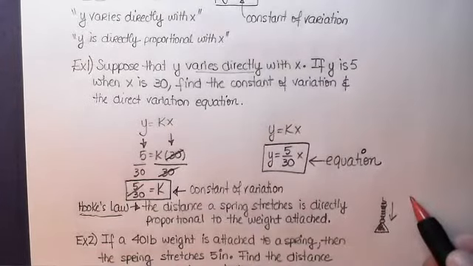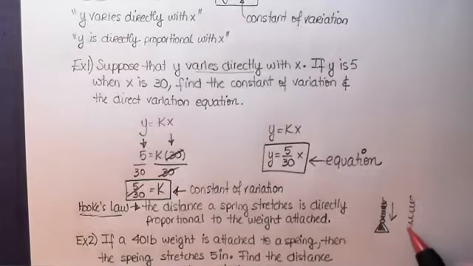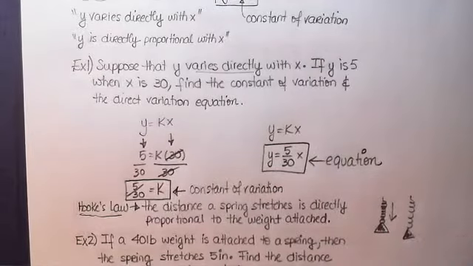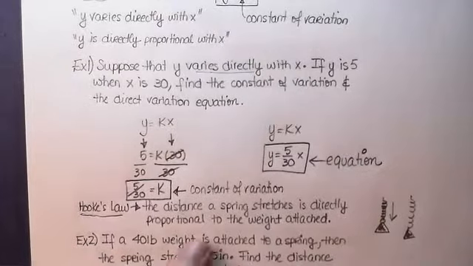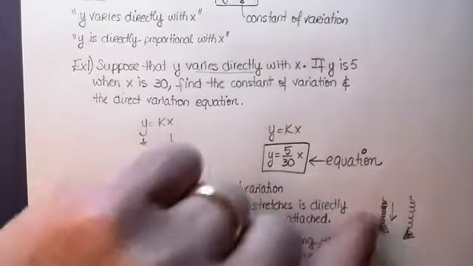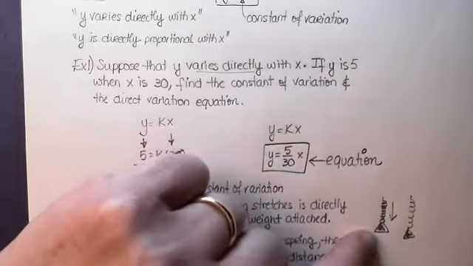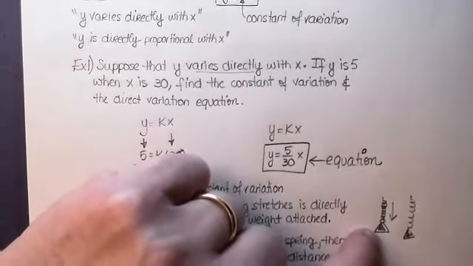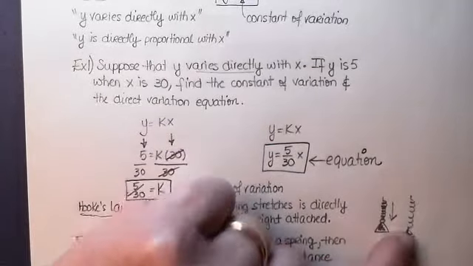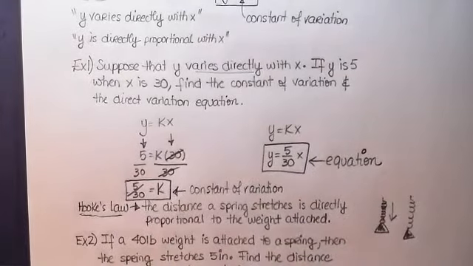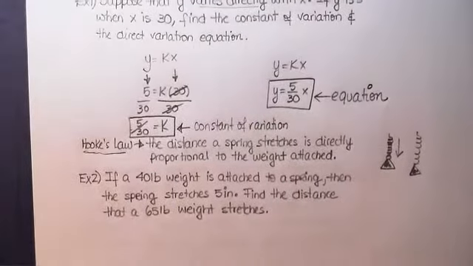So in other words, it might stretch like that when you have your weight attached, right? And so Hooke's Law tells us that the stretching is proportional to the weight. So the heavier the weight, the longer the stretch is going to be. Okay, with that in mind, we're going to do the next example.